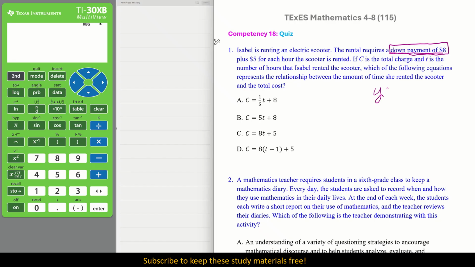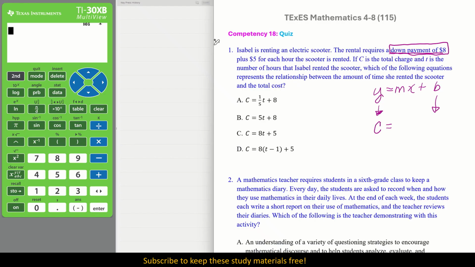And we would have an equation representing y equals mx plus b. And y in this situation would be represented with the C, because those are both total cost, and you put your equal.